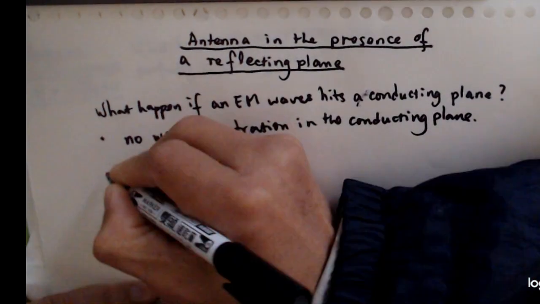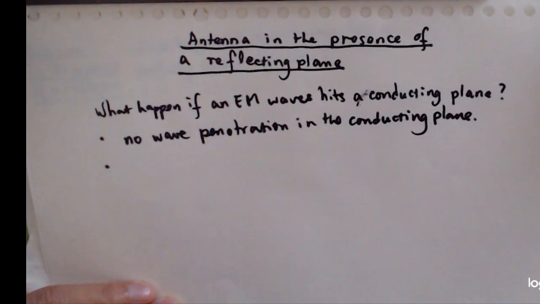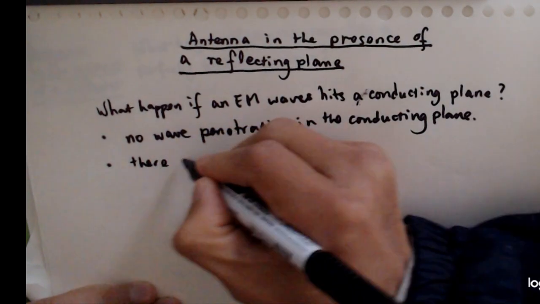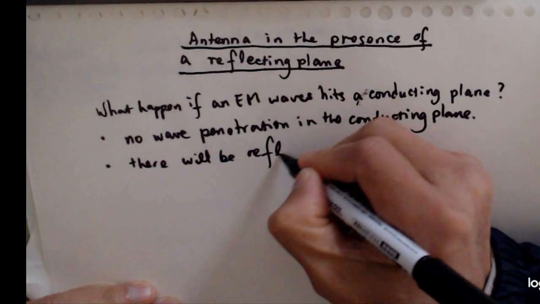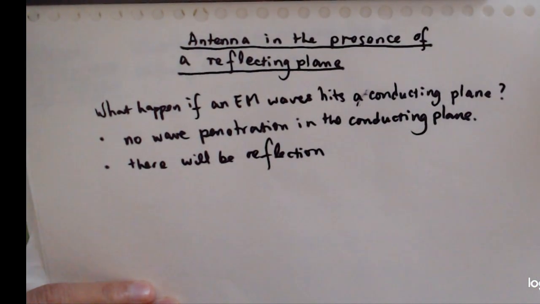Another thing is, if there is no wave penetrating into the conducting plane, what happens? There will be reflection. And this is all well known.